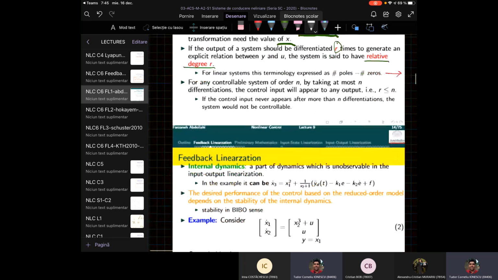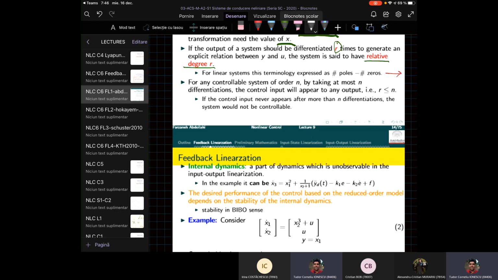So now we found a notion that we are familiar with. For any controllable system of order n, by taking at most n differentiations of the output, the control input will appear.